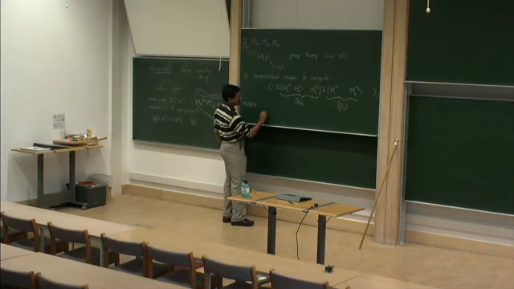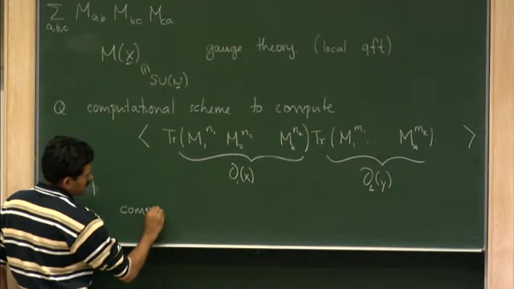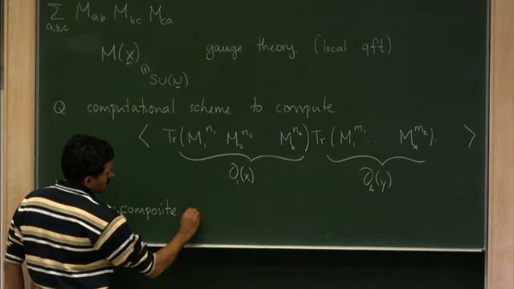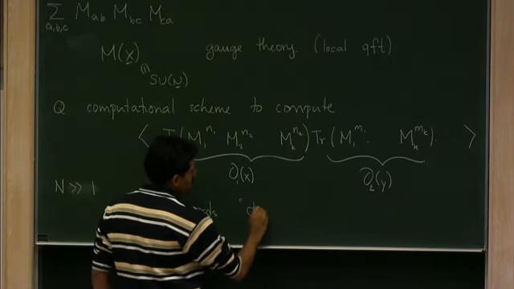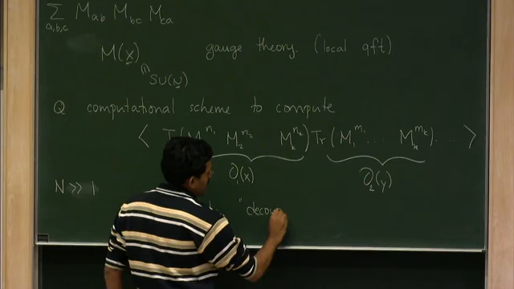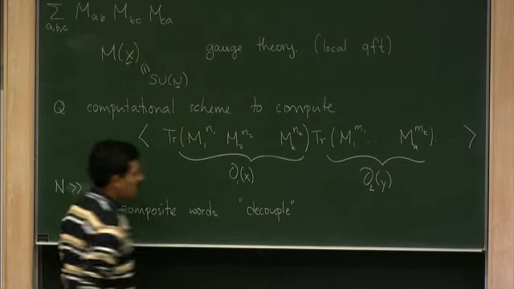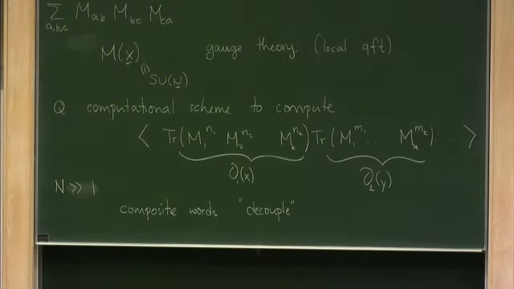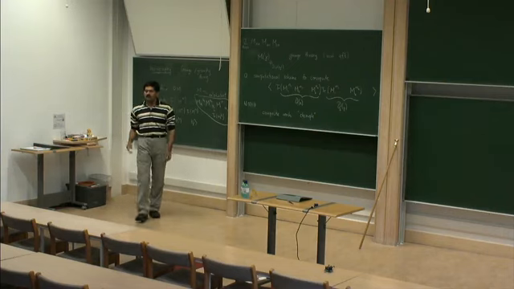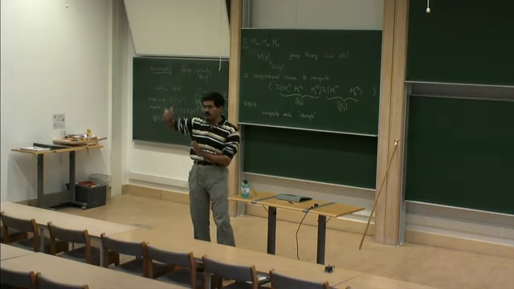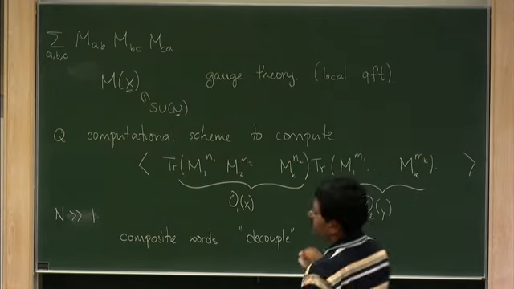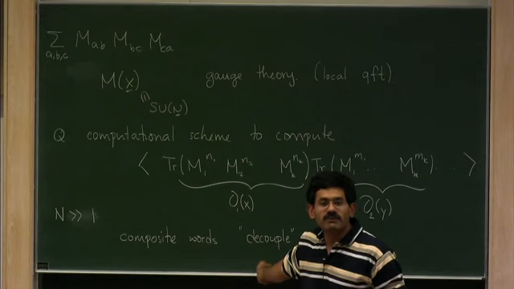The composite words, in a rough sense, decouple, and you are left with only the simple words. Okay. This is not true at any finite value of N, but in an asymptotic series in a 1 over N expansion, the composite words simply decouple from the system.